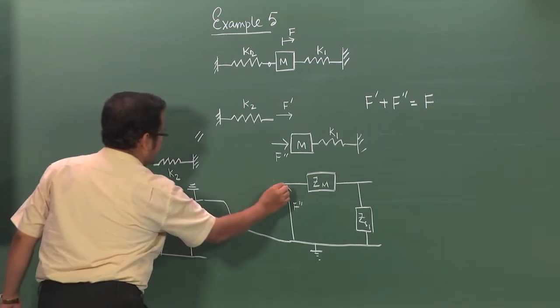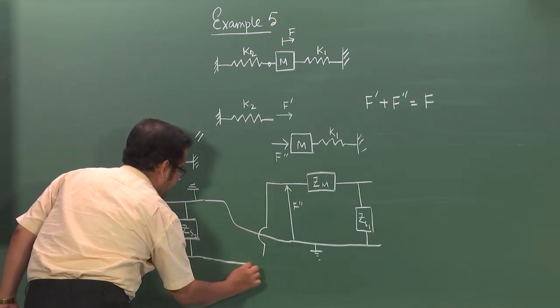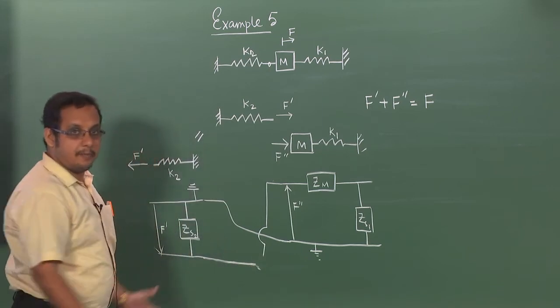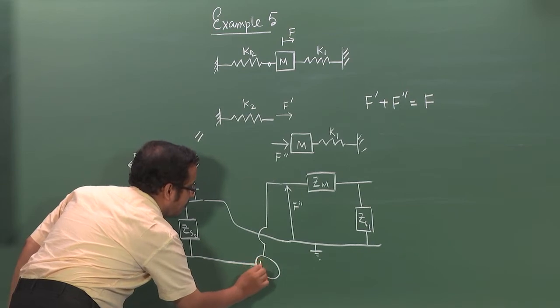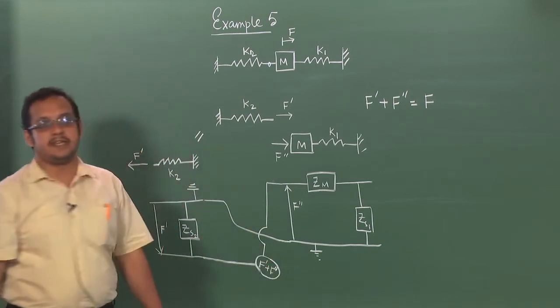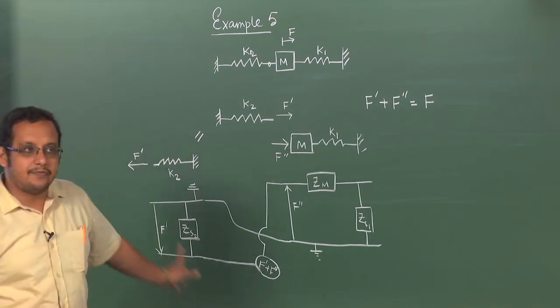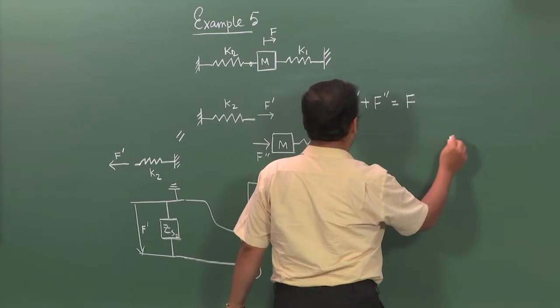So, if I wish to join these 2 points, I could do that, but I have to account for a source which is giving F prime plus F double prime. So, that would be the equivalent circuit. I could draw it a little more neatly.